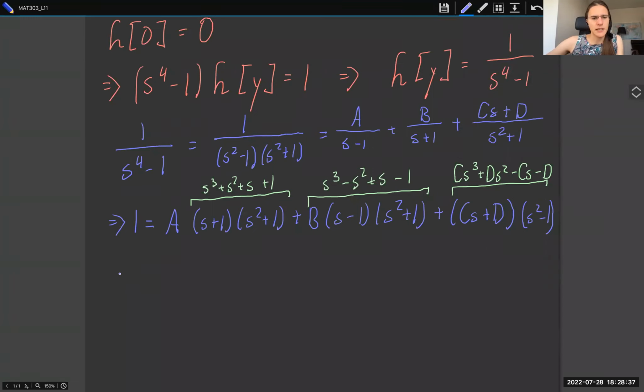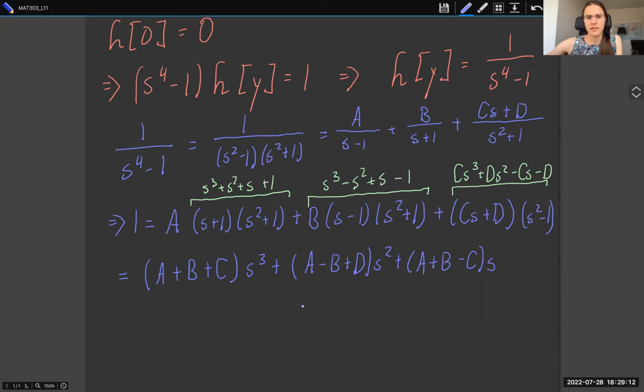And so what that tells us is that this is A plus B plus C times s cubed, plus A minus B plus D times s squared, plus A plus B minus C times s.